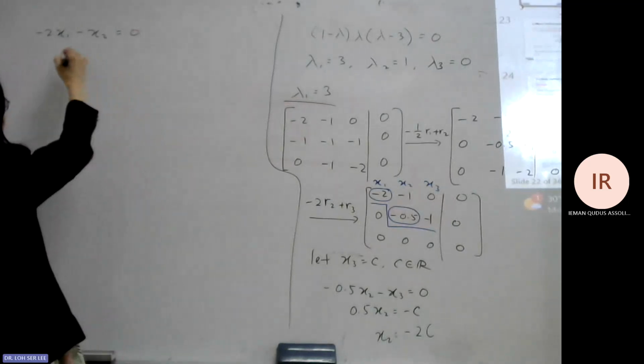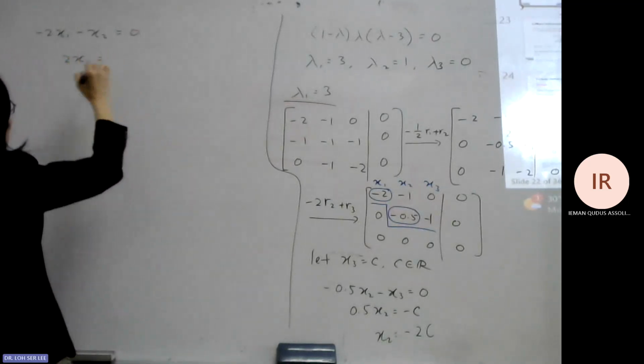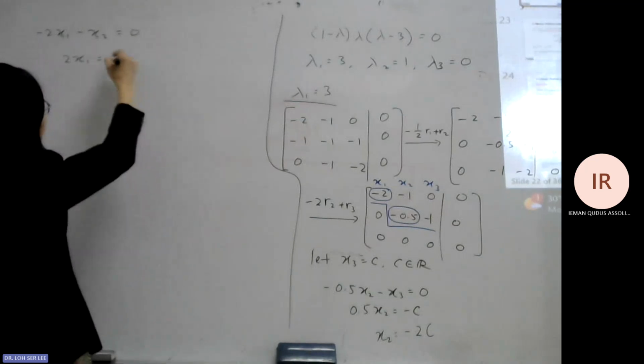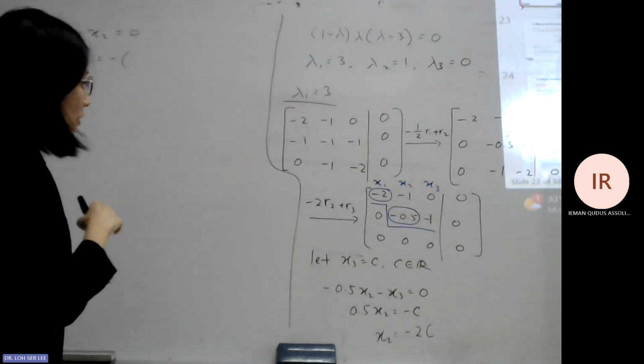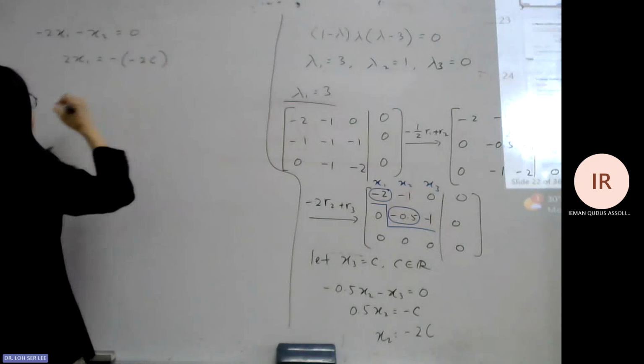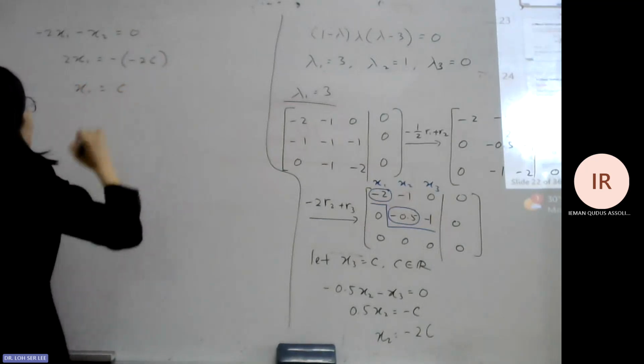We want to find x1, so 2x1 equals negative x2. Okay, so x1 is c.